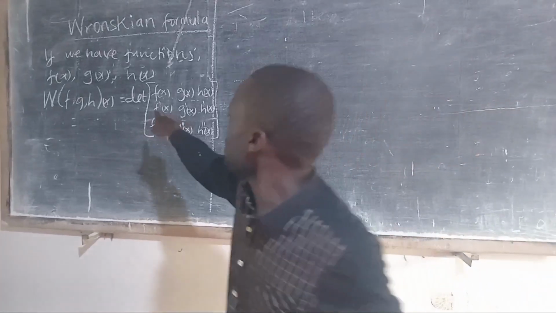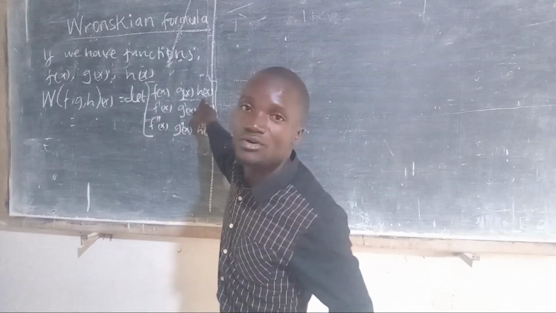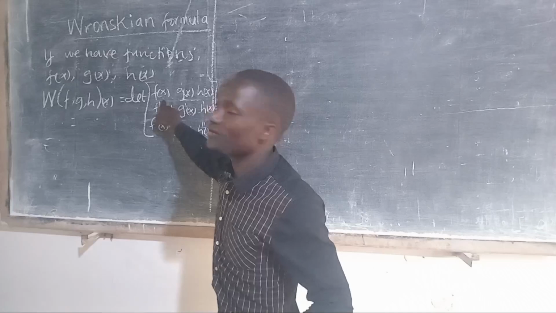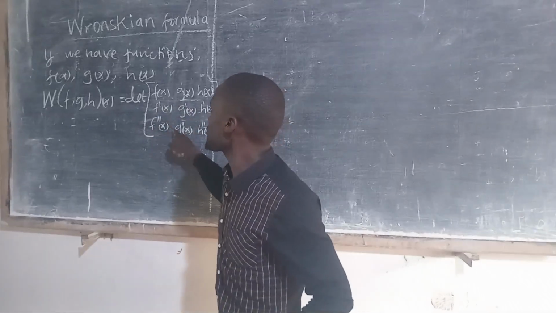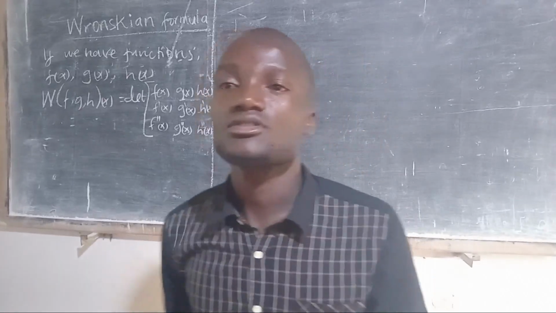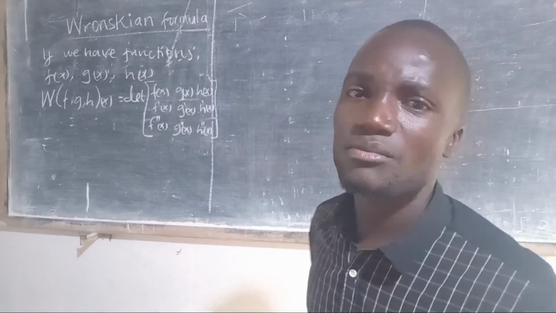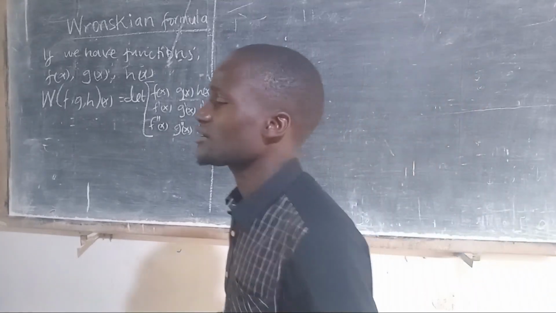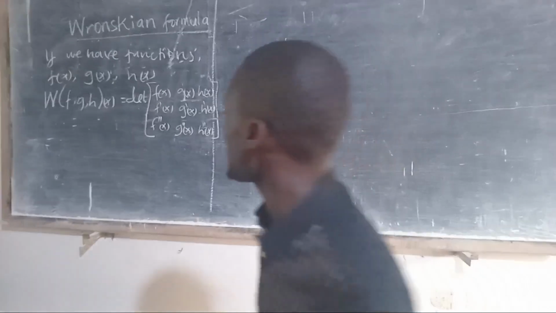We get the determinant, and in the first row we have the functions of x, and in the corresponding rows we have the derivatives of the functions with respect to x. Now let us take an example. We want to calculate the Wronskian of the following.